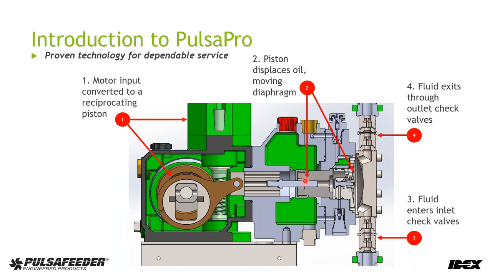Therefore, as the piston reciprocates back and forth, chemical will be provided through the reagent head. So you can see that there are a lot of intricate components in there. The PulsaPro metering pump is a precisely engineered product built for accurate and controlled chemical delivery.